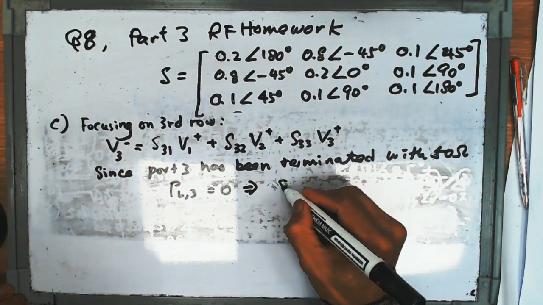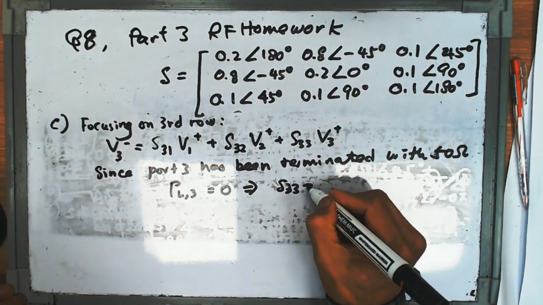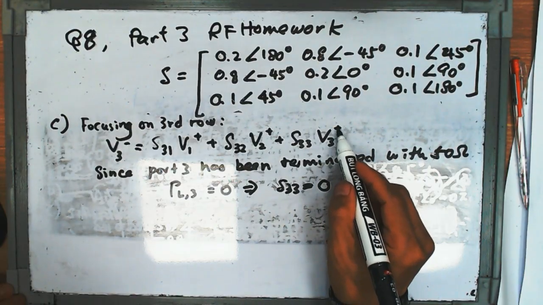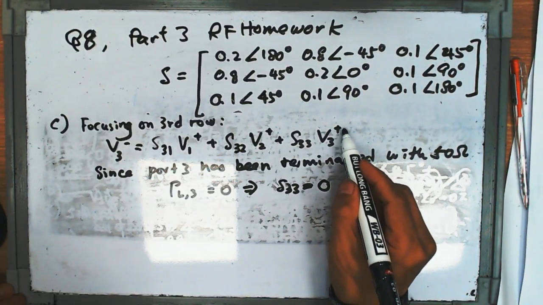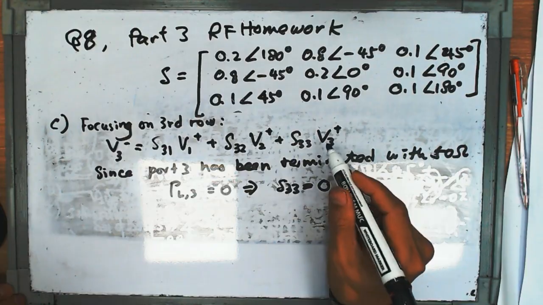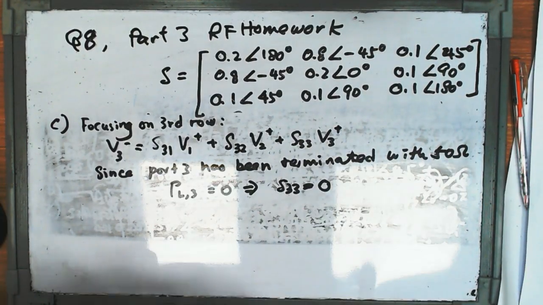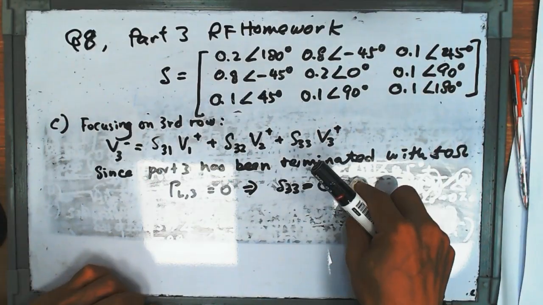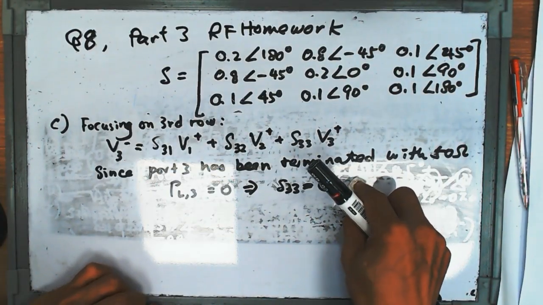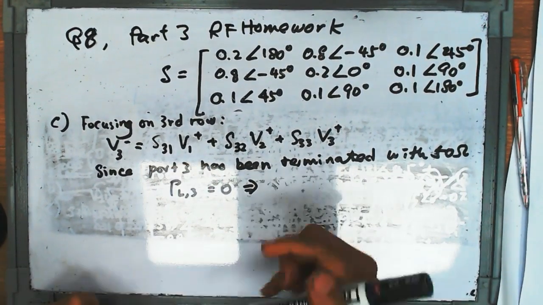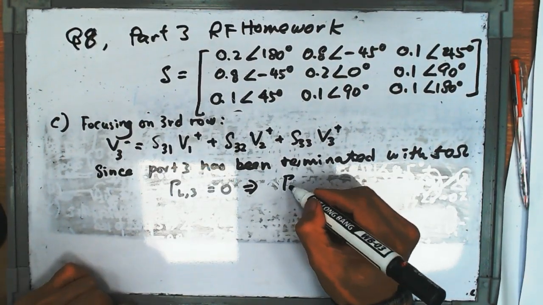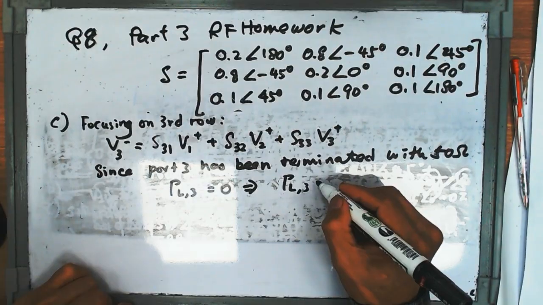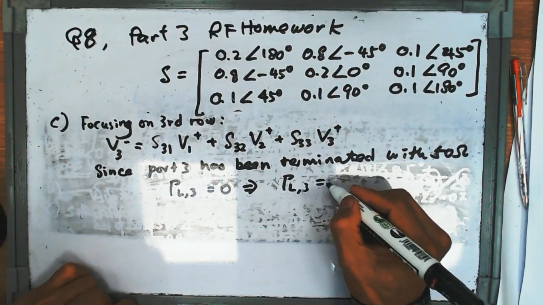Under this condition there will be no reflection; the reflection coefficient of the load at port 3 is equal to 0.